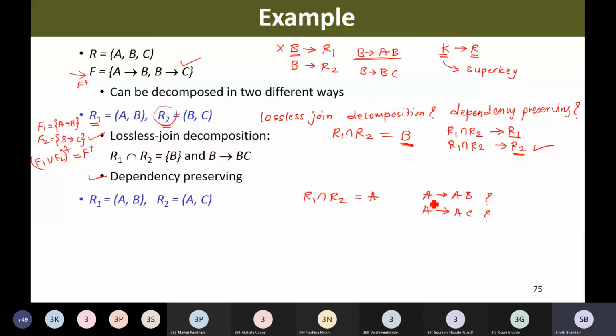Now, let us check whether A determines AB. We need to refer to the set of functional dependencies F. In F, we have the dependency A to B. So A is determining B. And what about A to A? Obviously, yes. A always determines A. Correct? It is reflexivity.